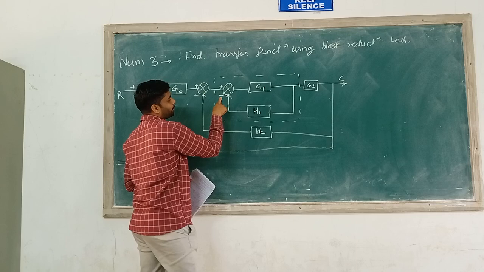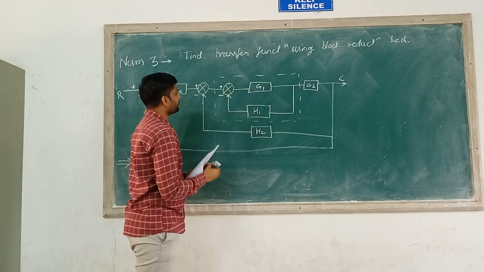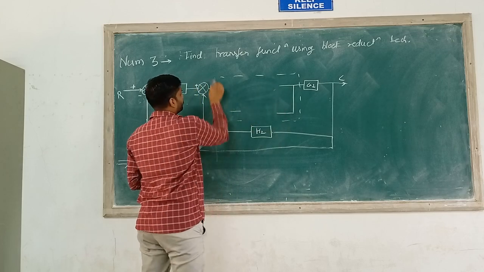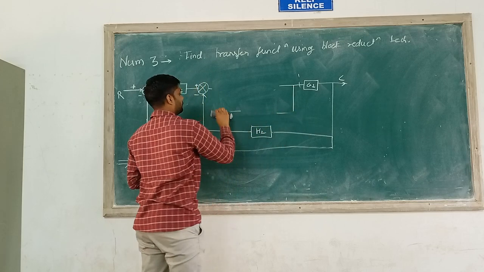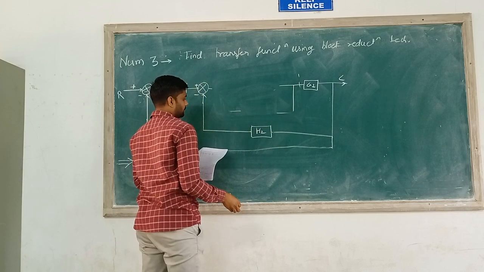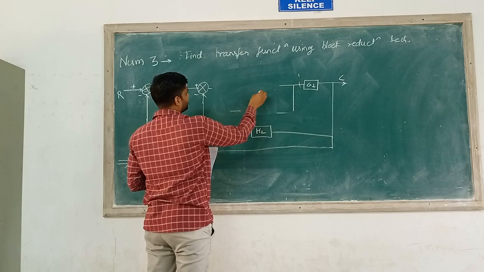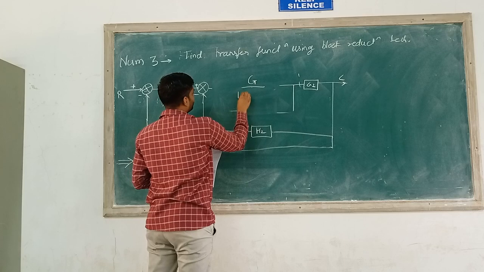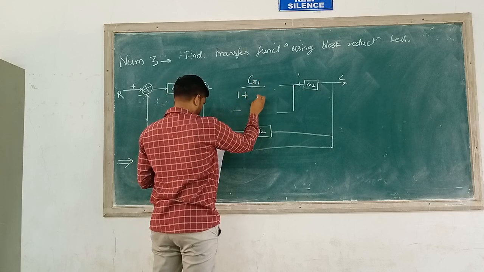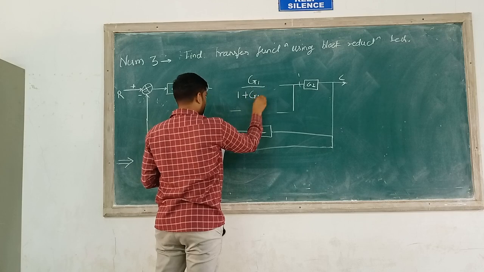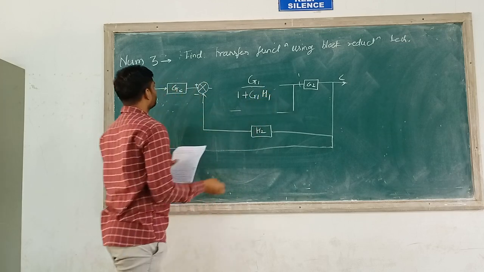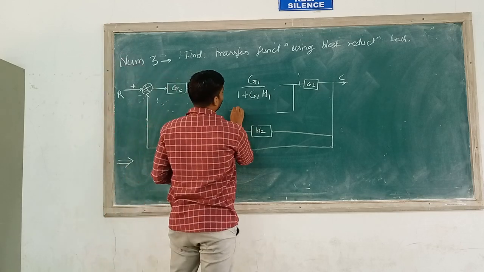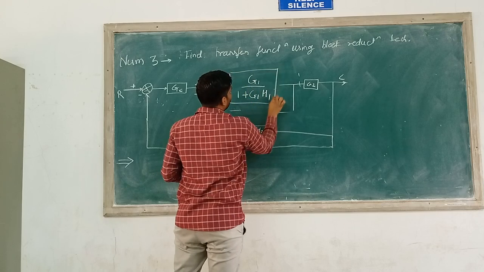This is a negative sign, so this can be reduced as G1 upon 1 plus G1 into H1. So this is the first reduction in this block.